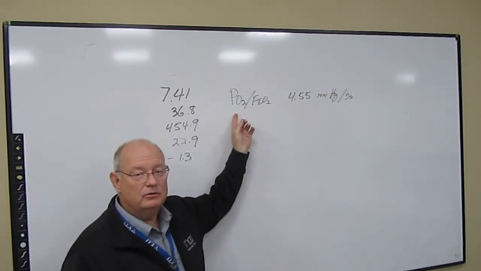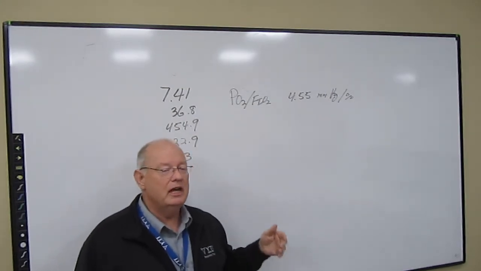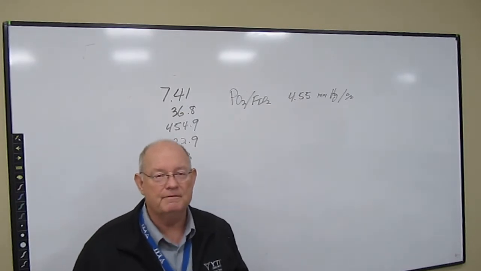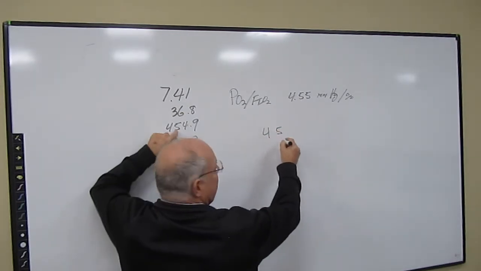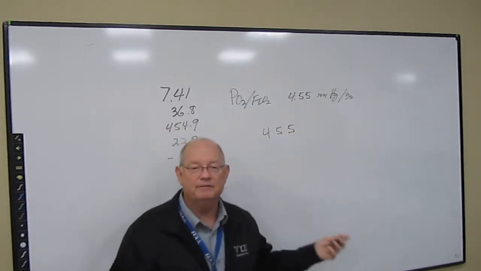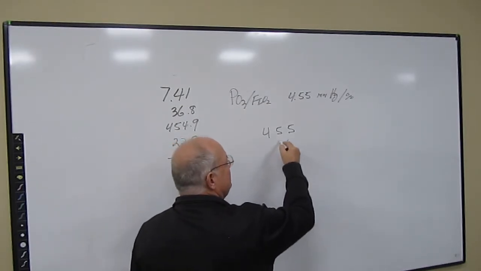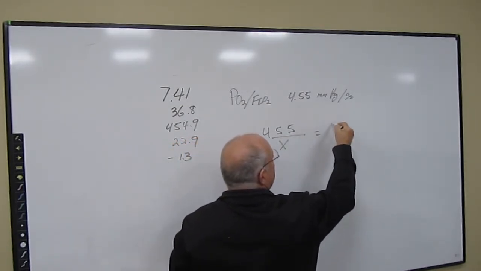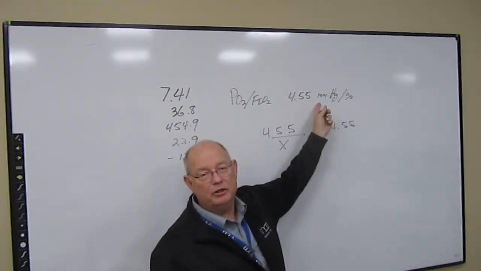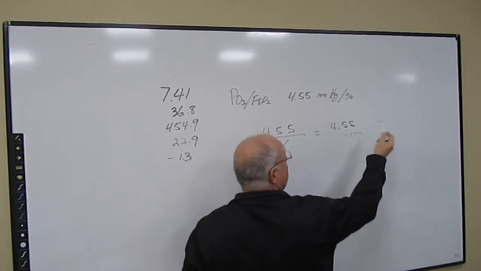The PO2 divided by the FiO2 is the PF ratio. And here we have the ratio as 455, 454.9, so we'll round that to 455. And we'll divide that by X, and that is going to equal 455 millimeters of mercury percent divided by 100, or percent.